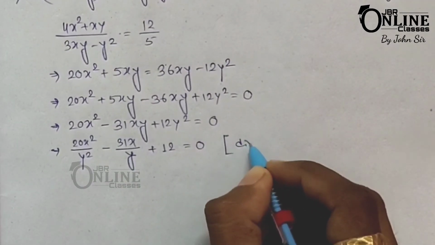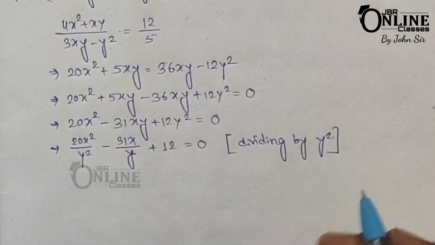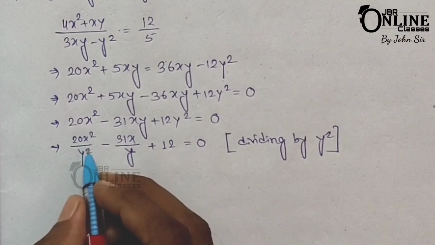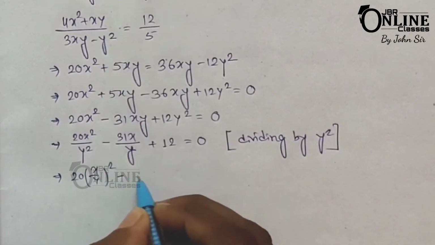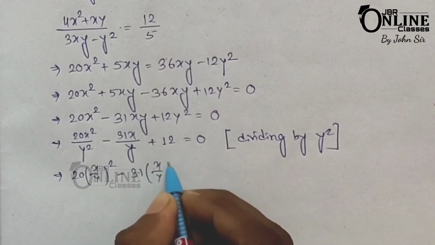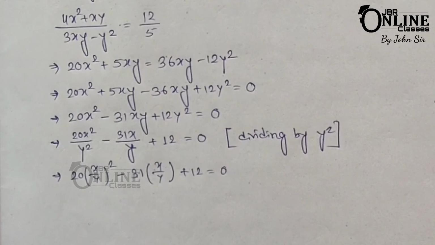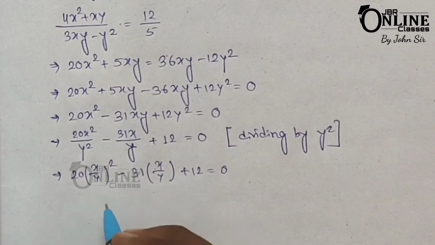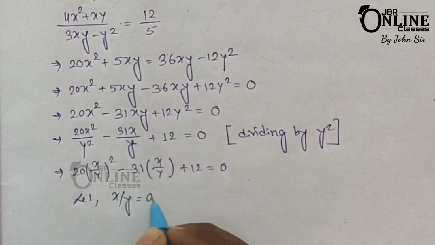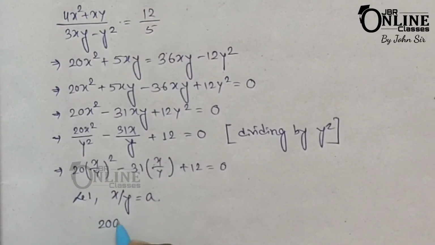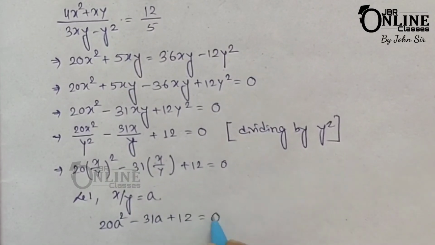So dividing by y square, now you can write 20 (x by y) whole square minus 31 (x by y) plus 12 equals 0. Now suppose x by y equals a, then this equation will be 20a square minus 31a plus 12 equals 0.